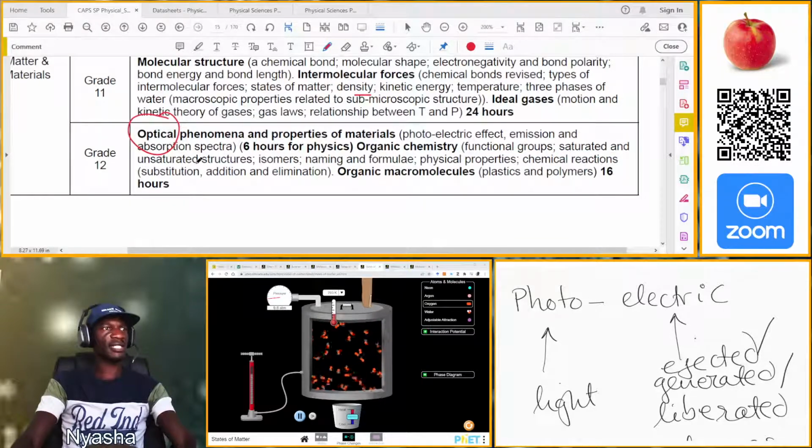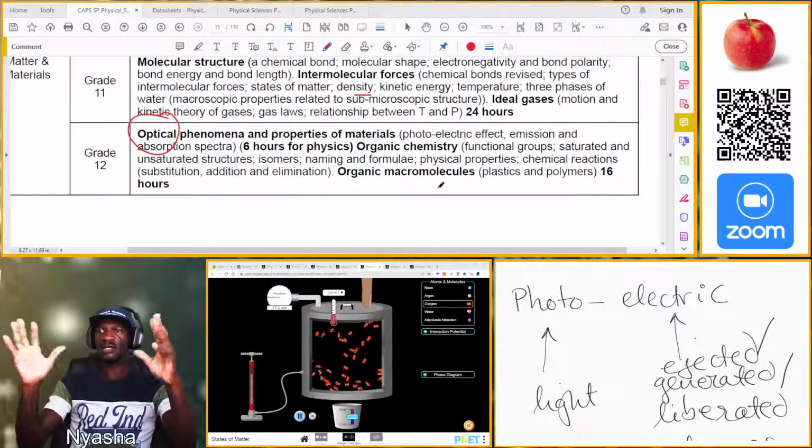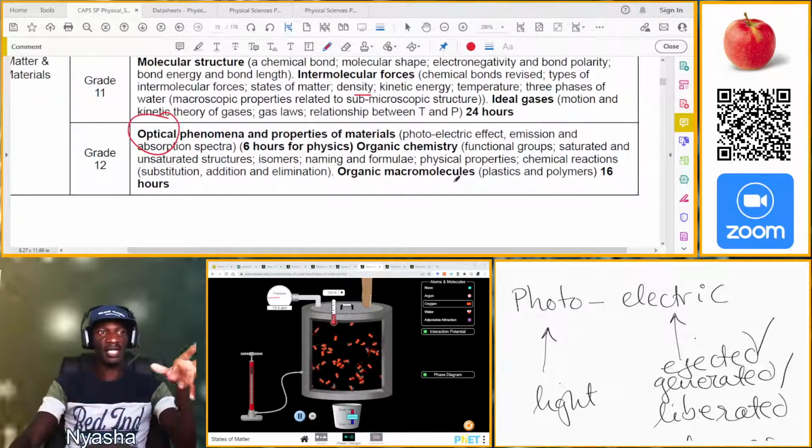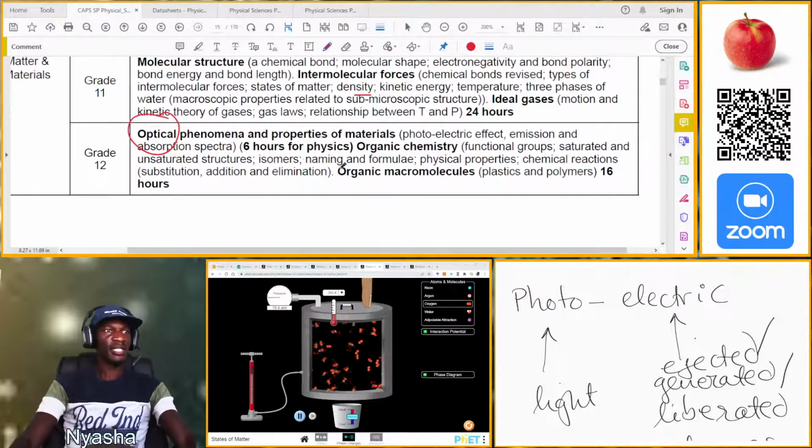You've got saturated and unsaturated structures, you've got isomers, you've got naming and formulae. There are many groups to consider in organic chemistry, and all you need to do is mostly read. With organic chemistry, it's mostly reading and techniques of identifying these groups.